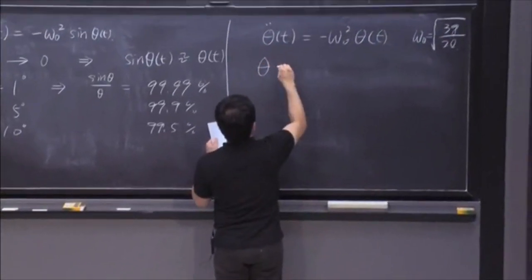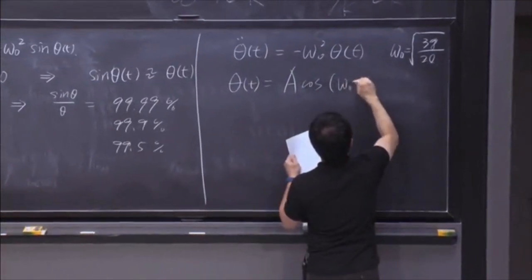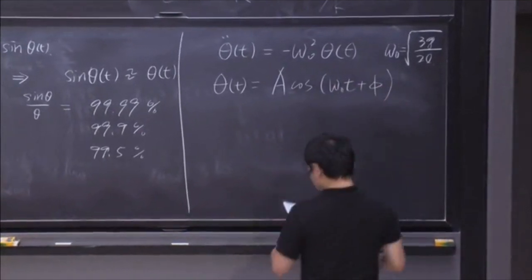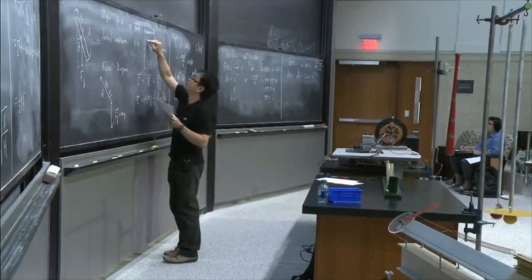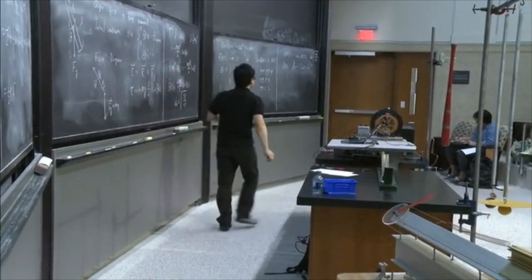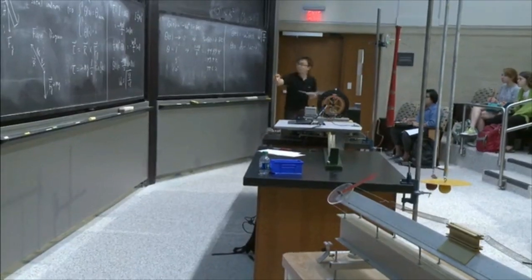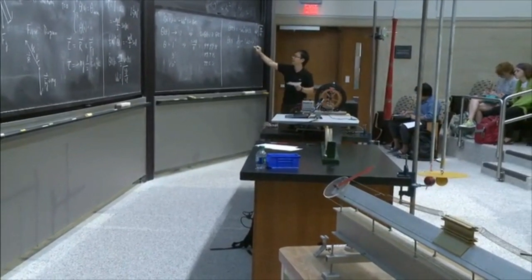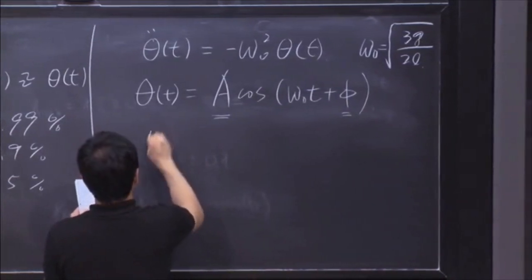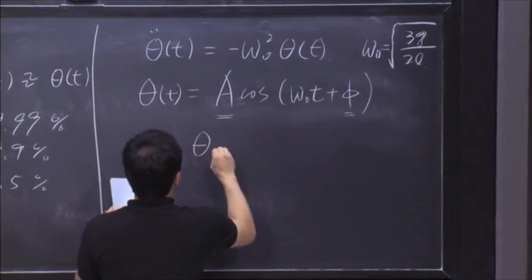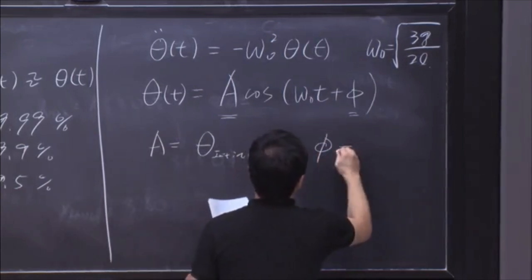Therefore, I know the solution will be theta of t equal to A cosine of omega 0 t plus phi. From the initial conditions, 1 and 2, I'm not going to go over this calculation again, but we can plug in 1 and 2 to solve for the unknown A and phi. If you do this exercise, you will conclude that A is equal to theta initial, and phi is equal to 0.